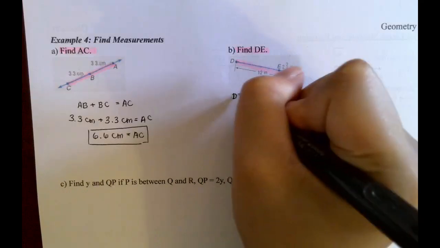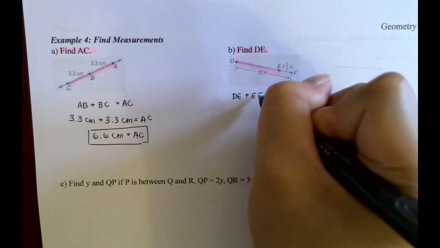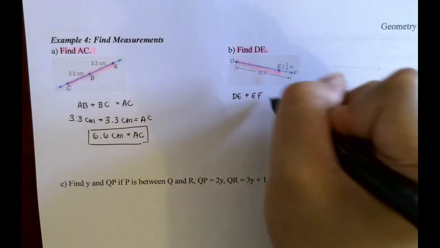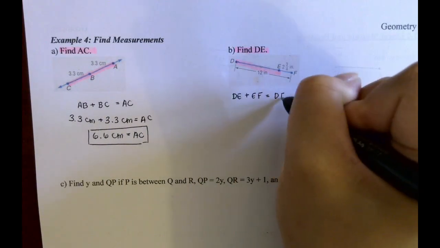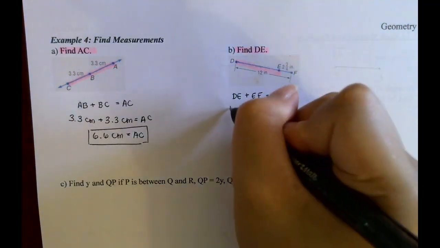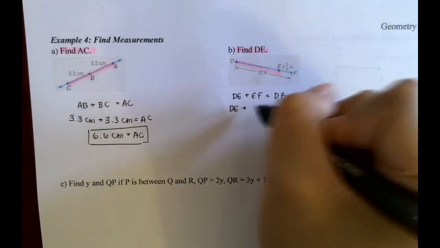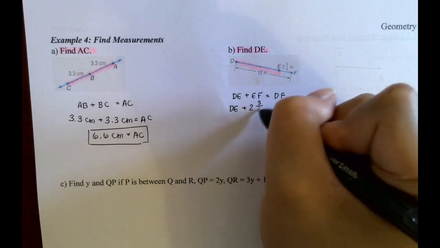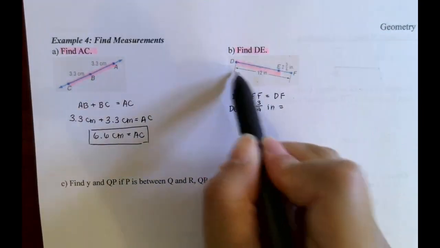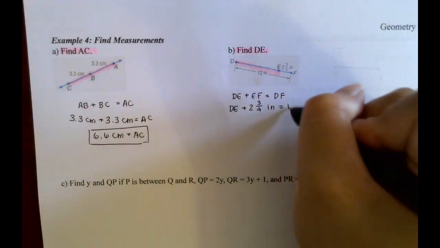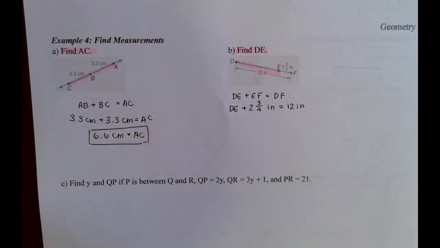So we know that DE, that pink part, plus EF, this small part here, together should equal this whole segment, which is DF. Okay. DE we still don't know. EF we know is 2 3/4 inches. And DF as a whole, we know is 12 inches.